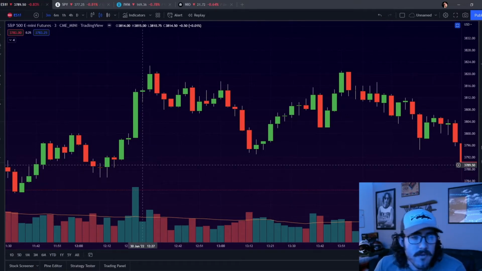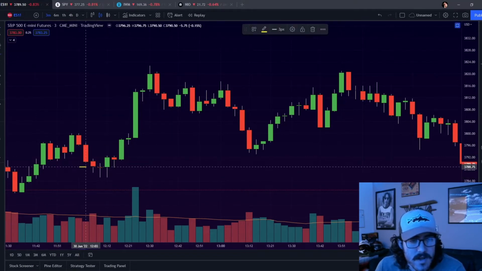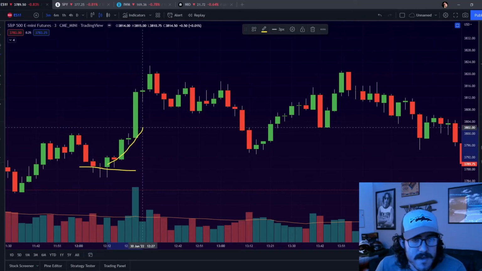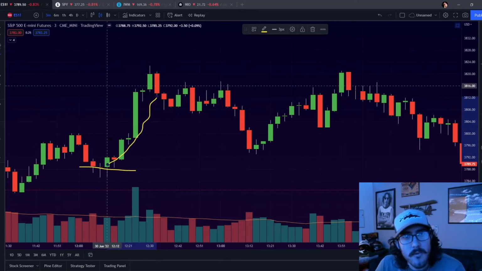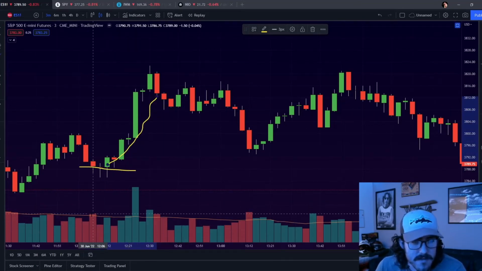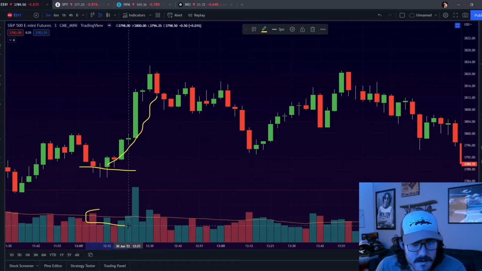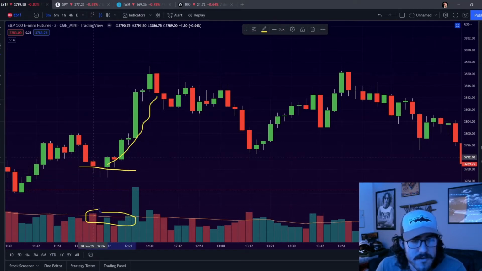So right here, what we're looking at is we're seeing a little bit of support down here, and what we're seeing is a massive spike up. Now, when we look down at the bottom of the screen, we can see how that panned out with volume. So we see under average volume for this area, which was during our support.